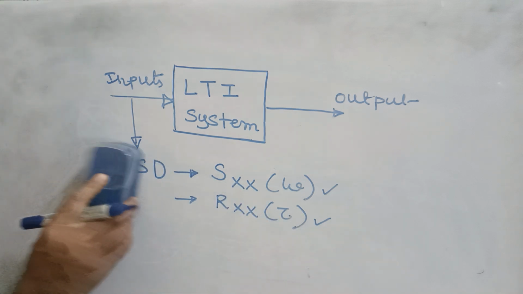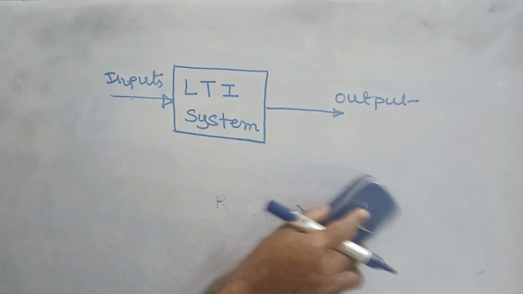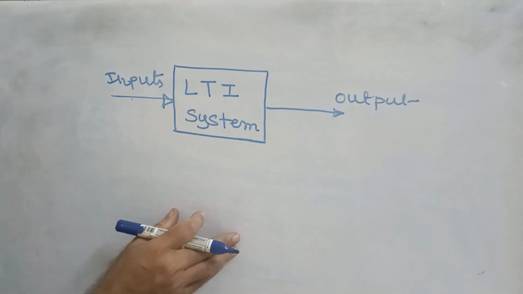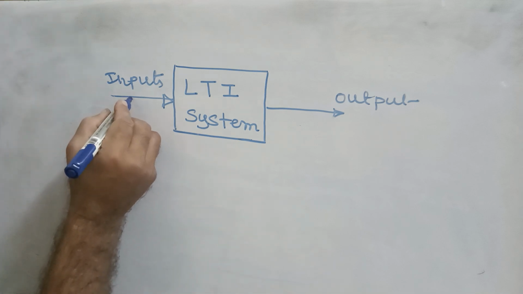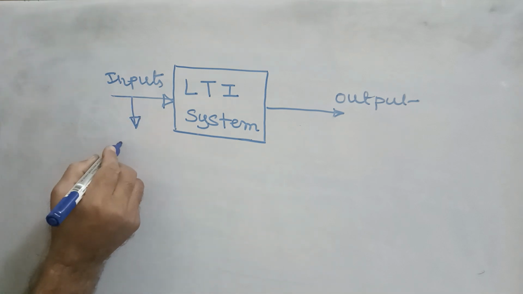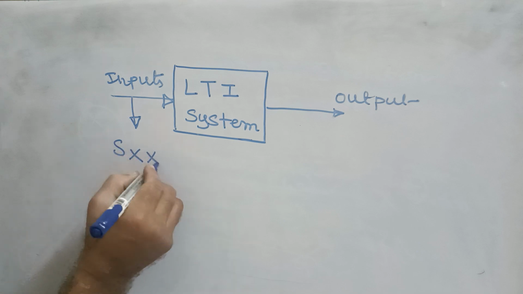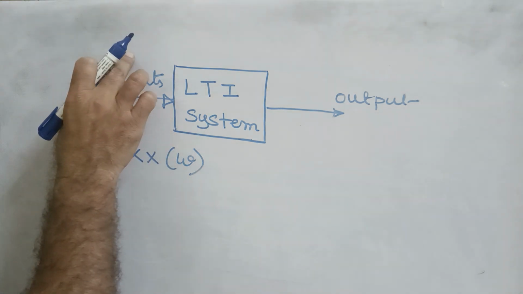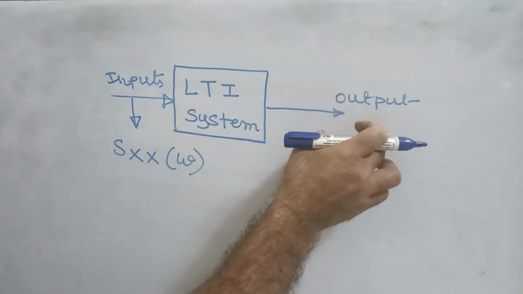Before explaining the relation between these two, I would like to inform you that the power spectral density, which is S xx of omega, can be obtained both at the input side as well as the output side.